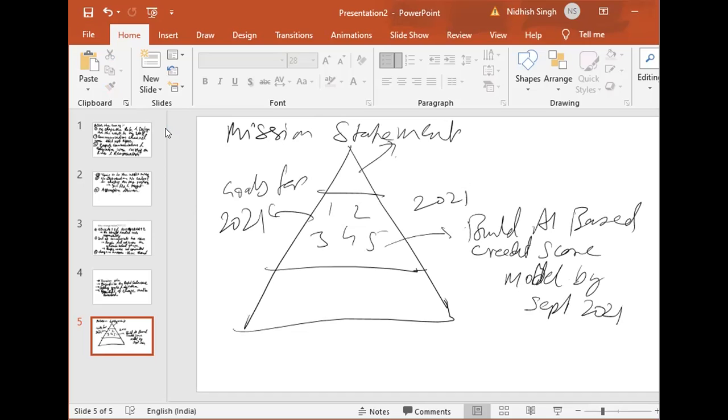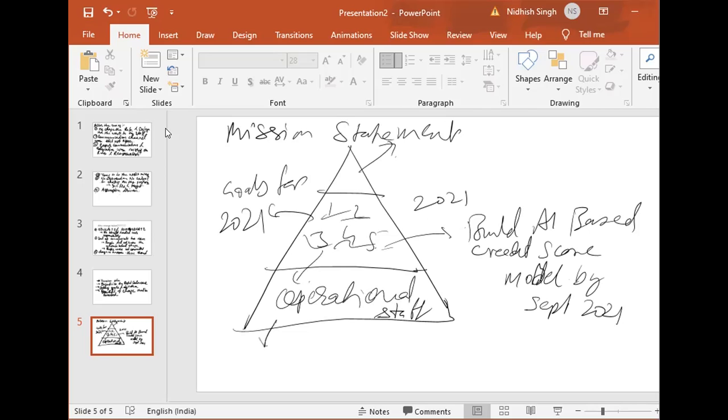And there are 1, 2, 3, 4, 5 different goals like this, not only one. Then it will be transferred to operational staff to achieve. That is how this pyramid works, the one that we saw in the textbook.